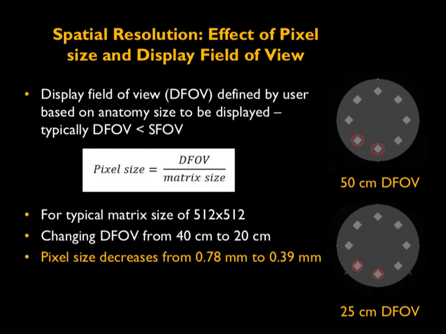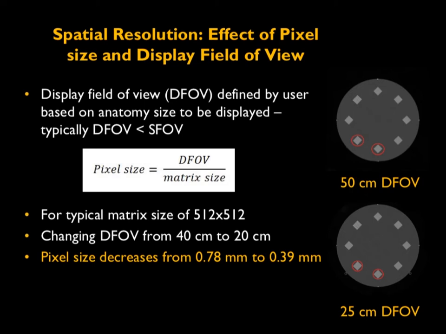The display field of view cannot be larger than the scan field of view. The reason is that the spatial resolution in the axial direction is influenced by the pixel size and the display field of view. The display field of view is defined by the user based on the anatomy size to be displayed, and typically it is always less than the scan field of view.